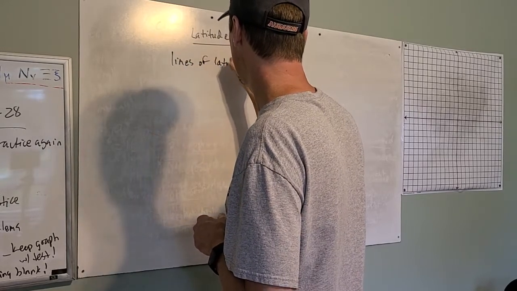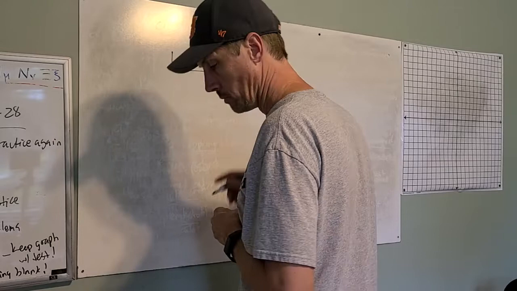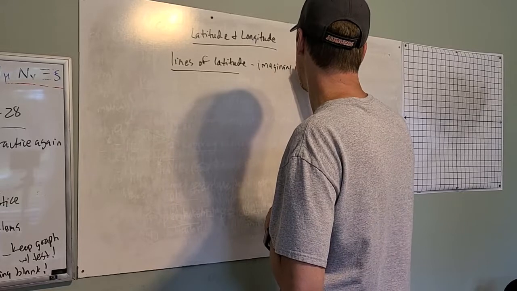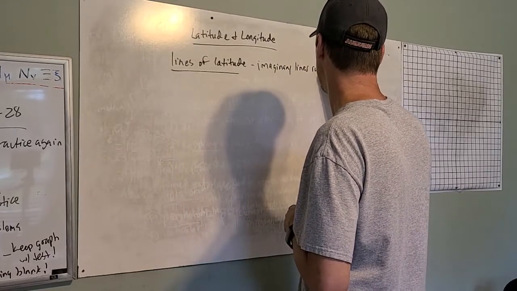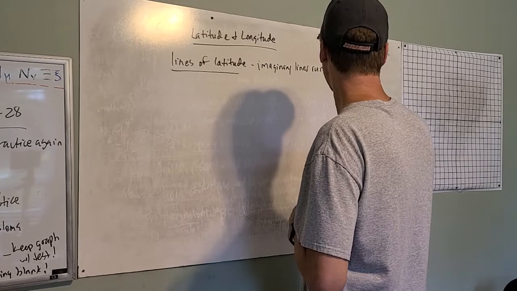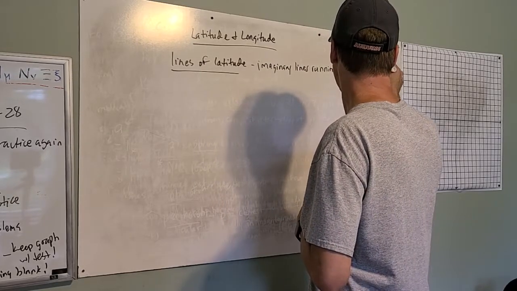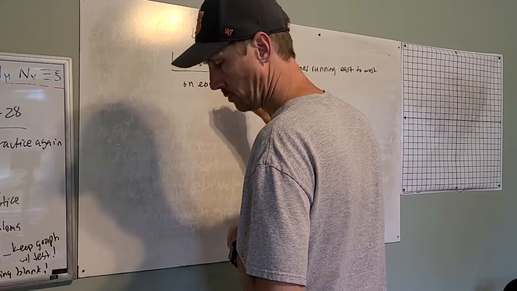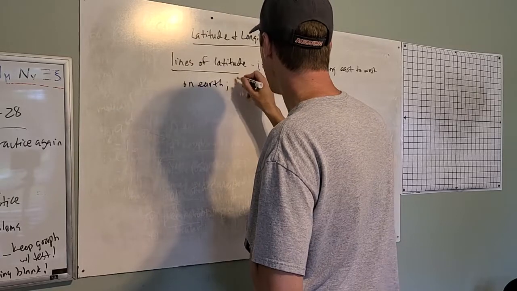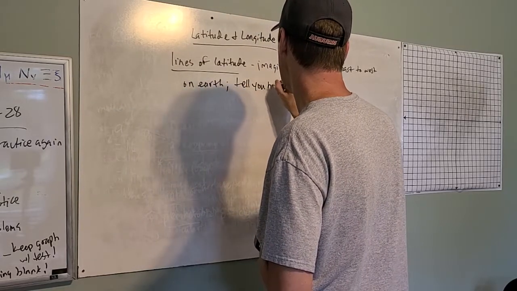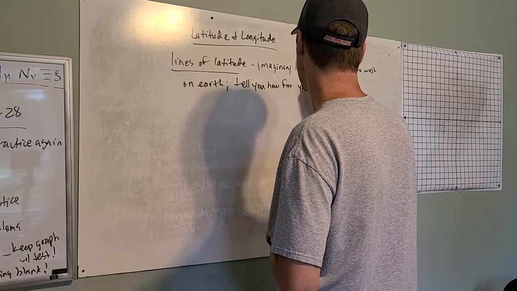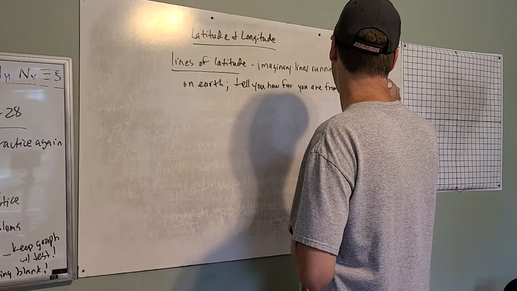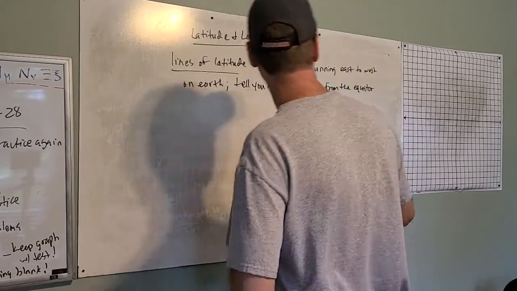that lines of latitude, imaginary lines running east to west on the Earth, tell you how far you are from the equator, which is the center line, right?